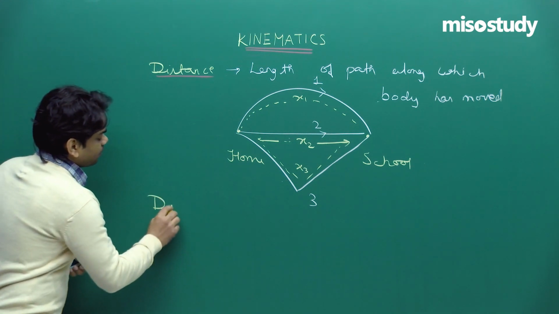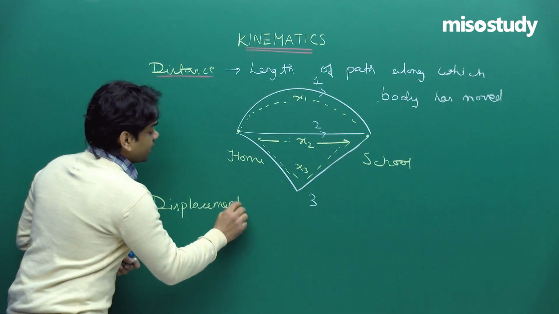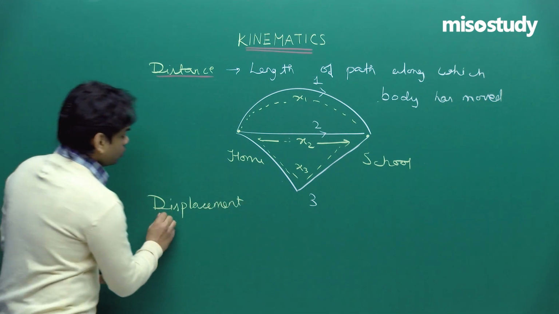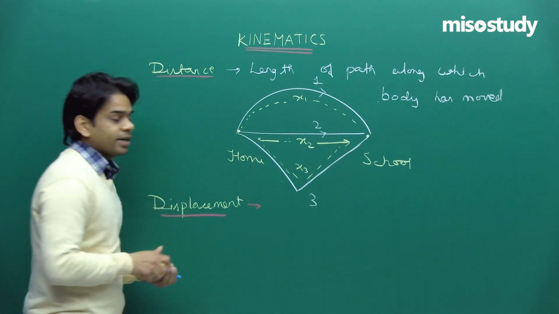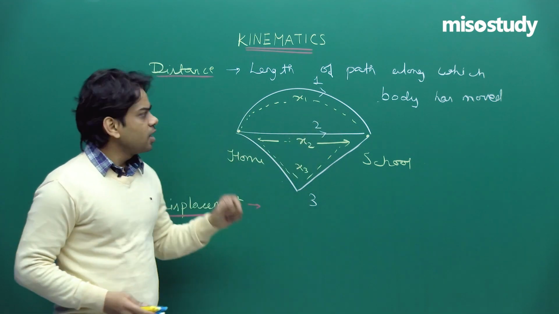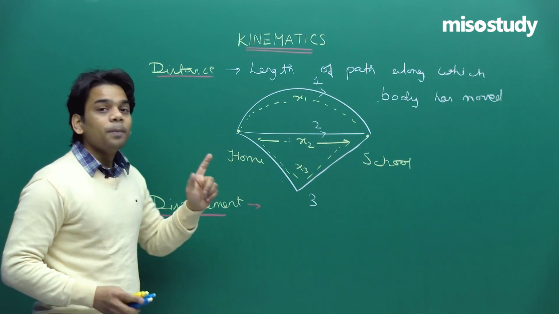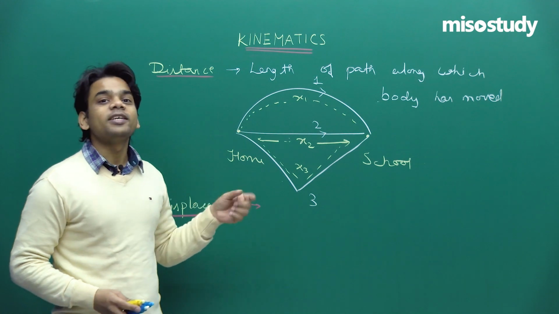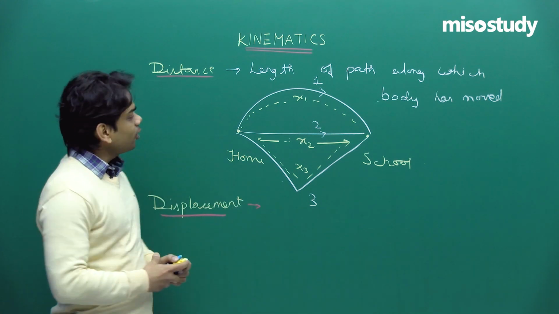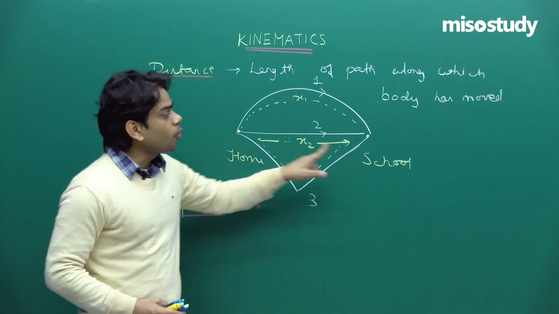It is displacement. Now we'll go with the initial example to understand displacement. Again, suppose you have started your motion from your home to school along any of the three paths. Displacement is the measure of the minimum distance between the initial point and final point. Here you can see that the minimum will be the straight line joining the initial point and final point.